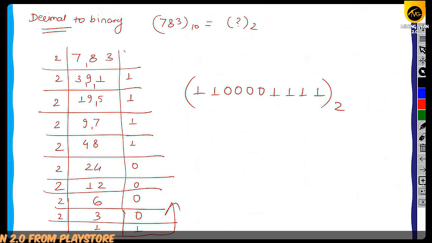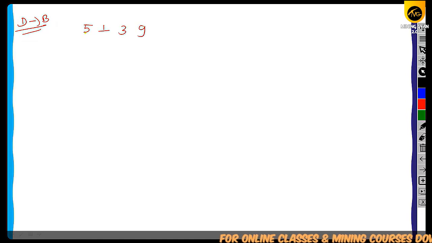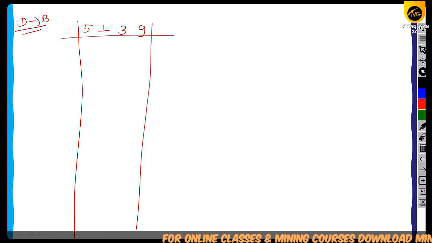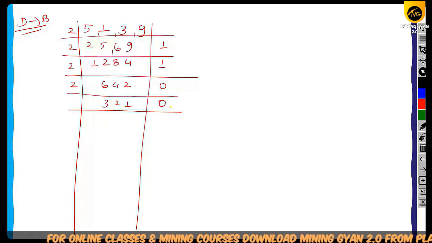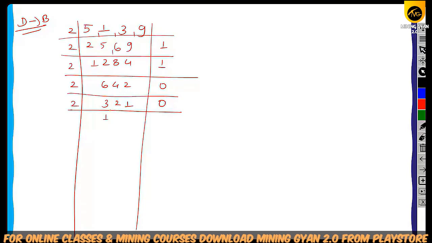Okay, let's do the last example for decimal to binary system. Suppose there is a number, decimal to binary. The number is 5139. Again 2 threes are 6, 2 twos are 4, 2 ones are 2, no remainder, 0. So 2 ones are 2, and 1 is less than 2, so that's why it's a 0, and there is one remainder.